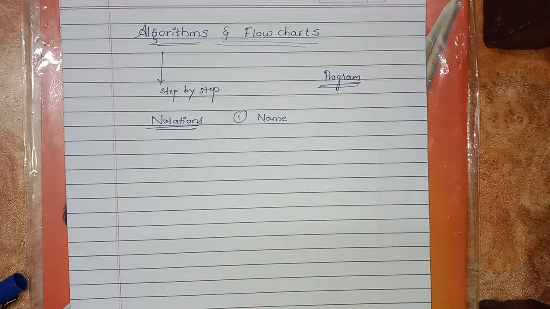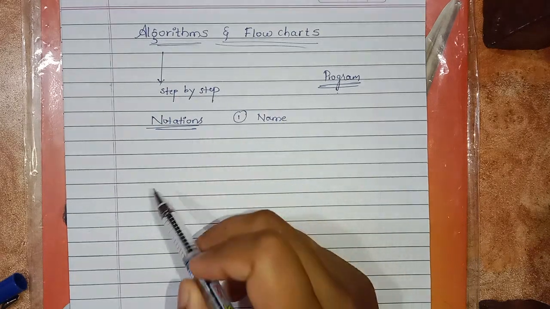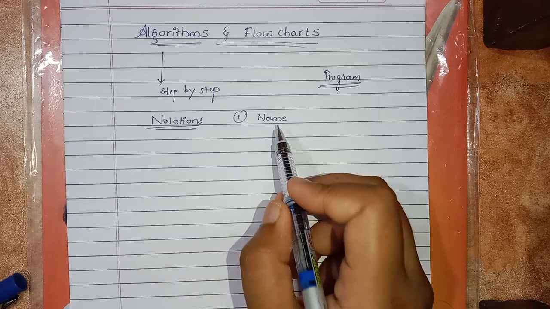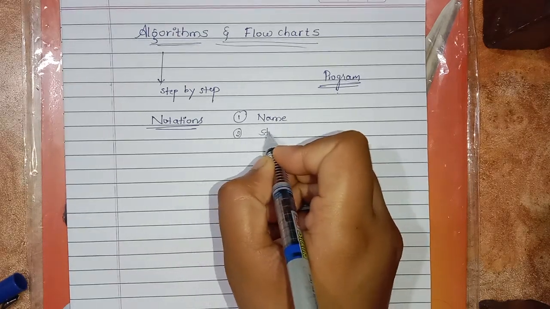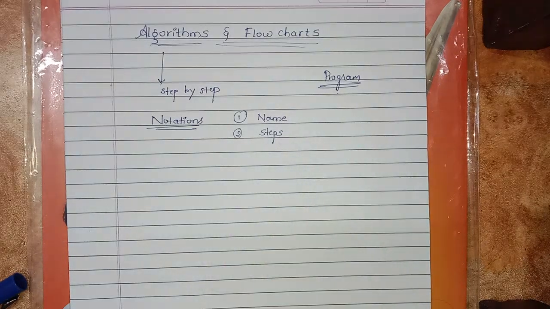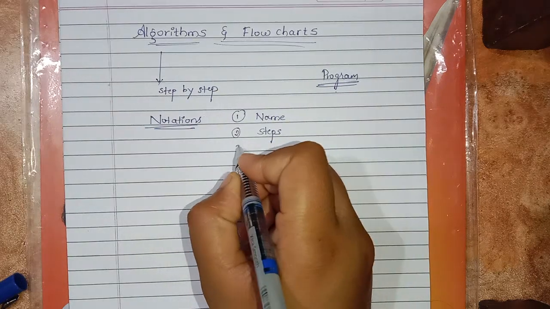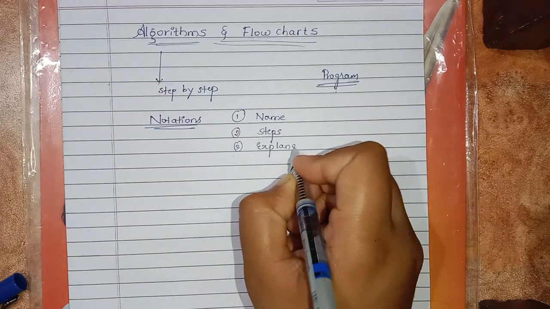I hope you are going on noting down the points. So the notations of algorithms. First one is we should write the name of the algorithm. Understood? Second is steps. Steps with their numbers. Step 1, step 2, step 3, like that. Third one is explanatory comment.